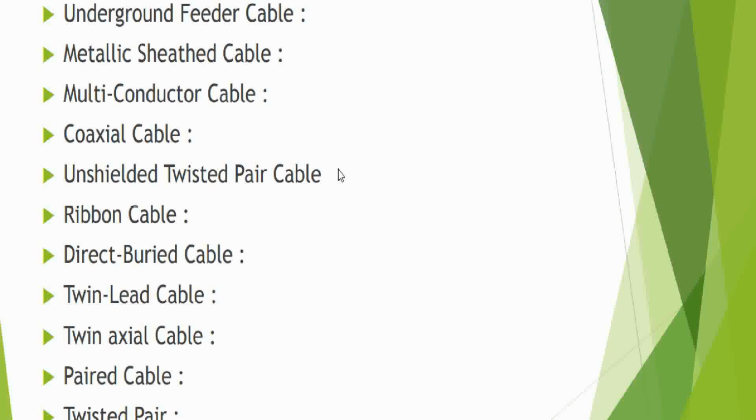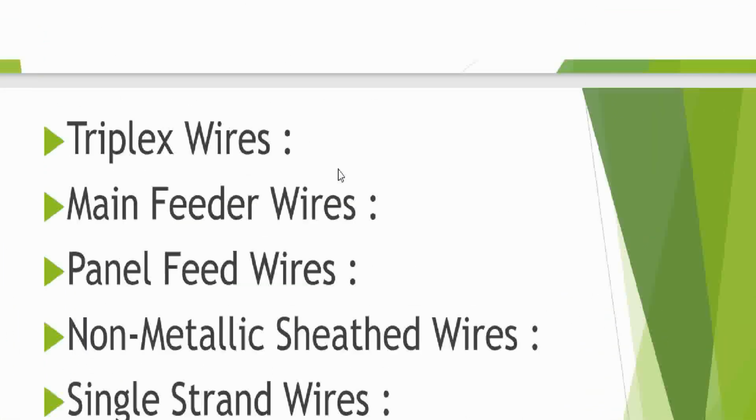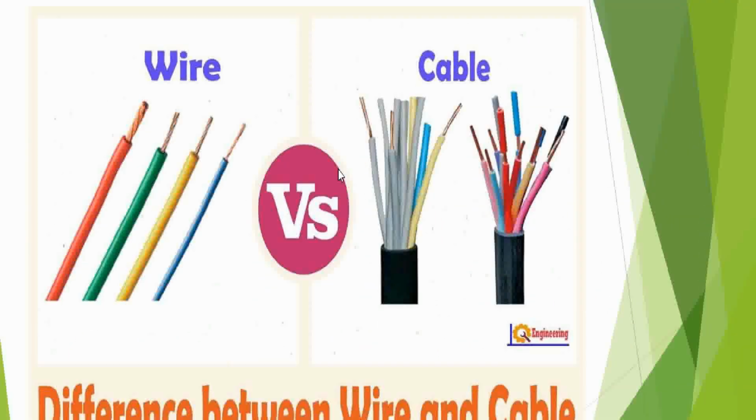So the conductor size is mainly based on your current carrying capacity, and the insulation of the cable is decided by the voltage level. Here we are providing insulation to the conductor, that depends upon your voltage level.